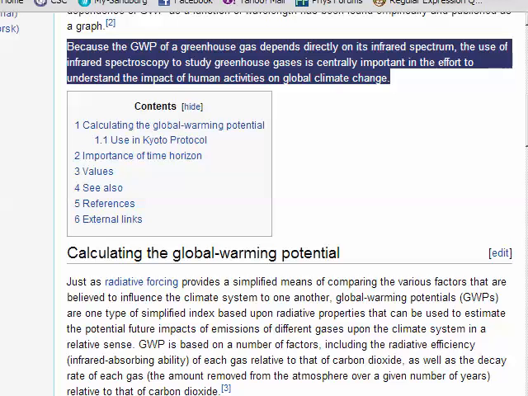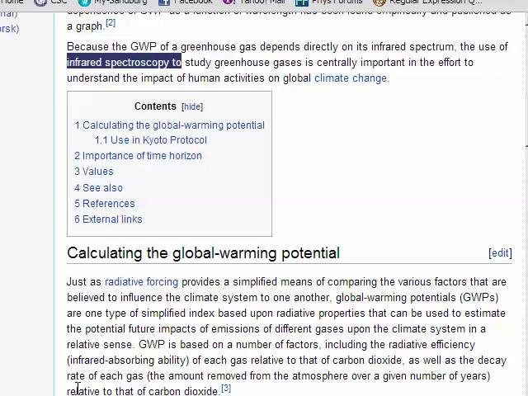Because global warming potential of a greenhouse gas depends directly on its infrared spectrum, the use of infrared spectroscopy to study greenhouse gases is essentially important to the efforts to understand the impact of human activities on global climate change.